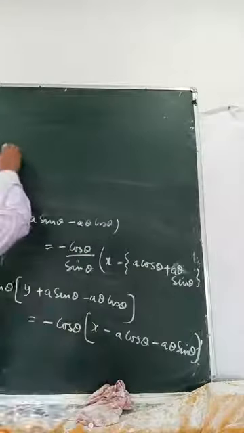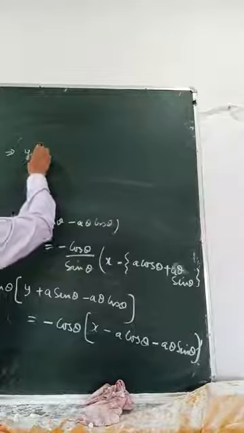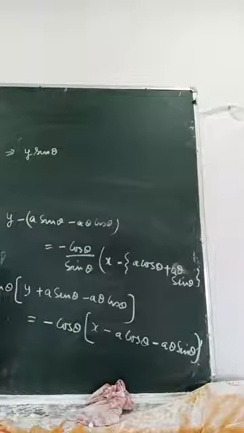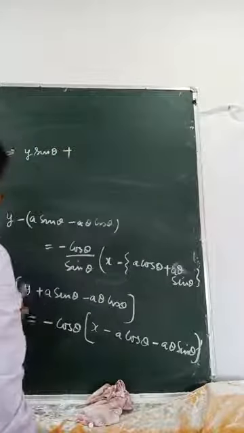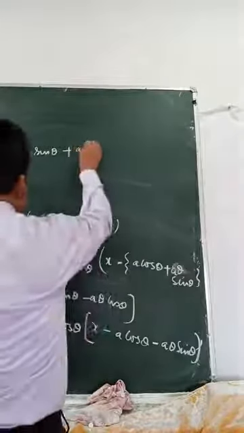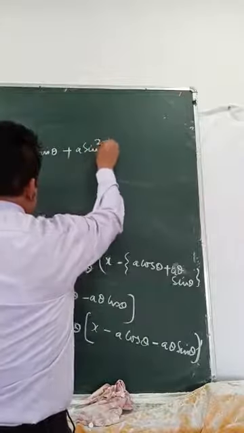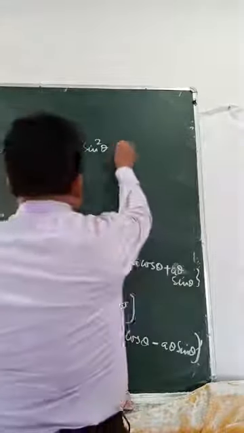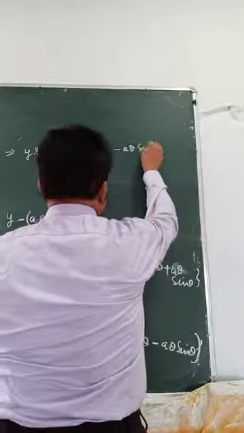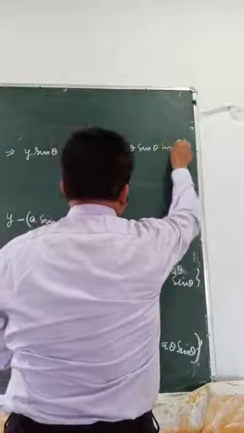So y sin theta plus a sin square theta, then minus a theta sin theta cos theta.